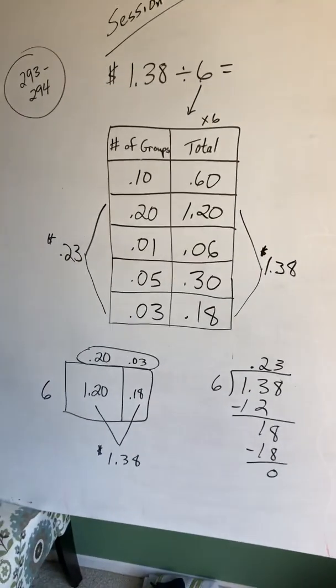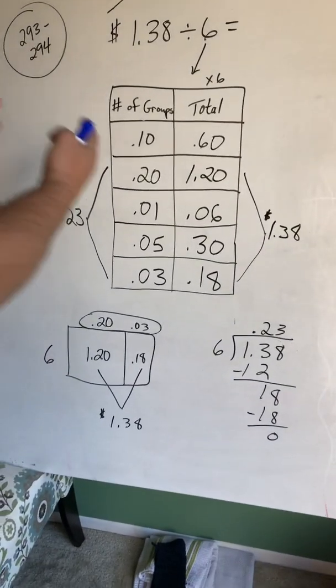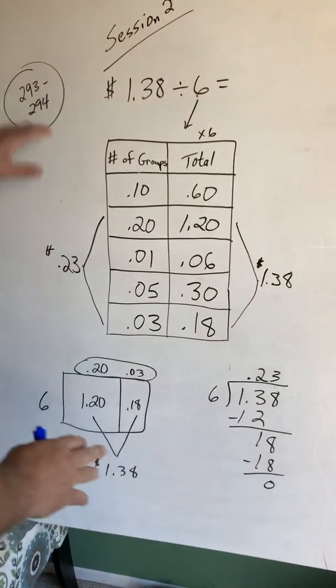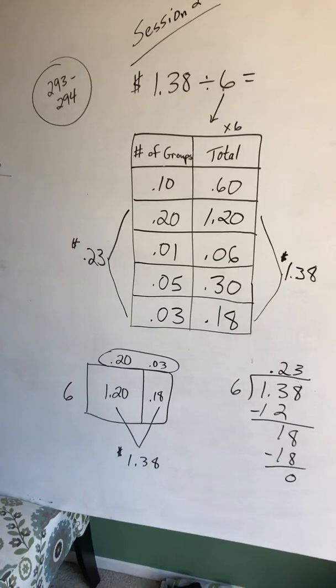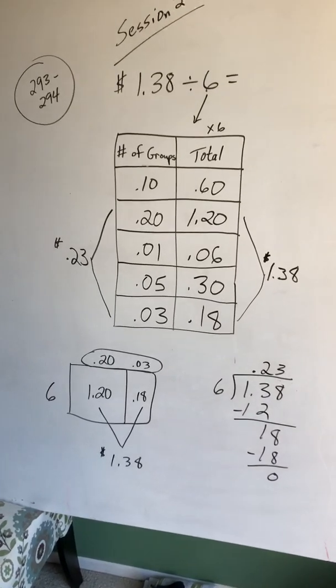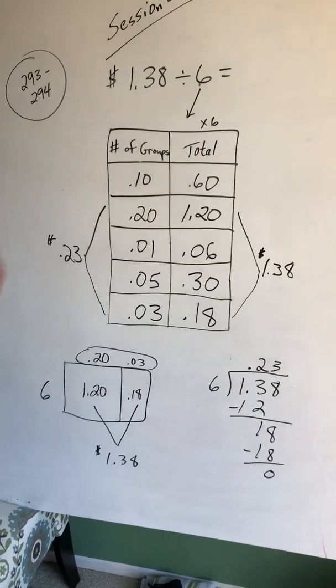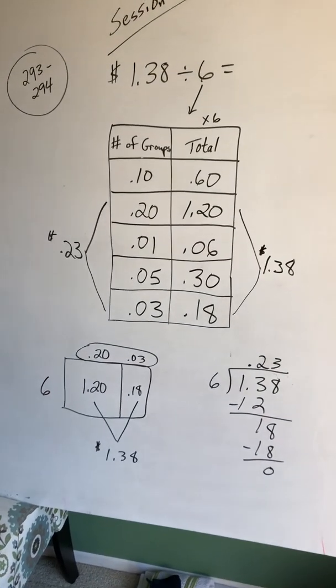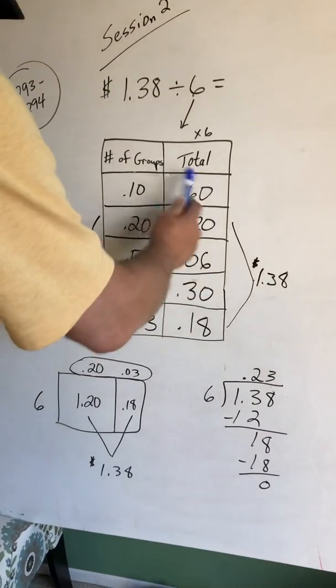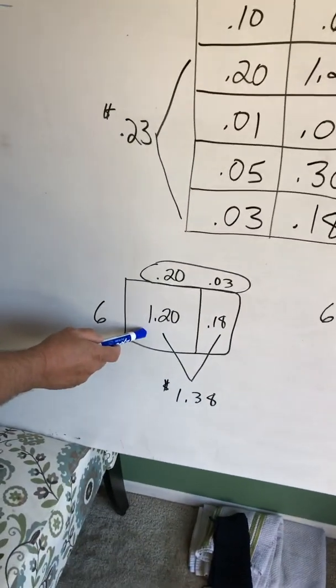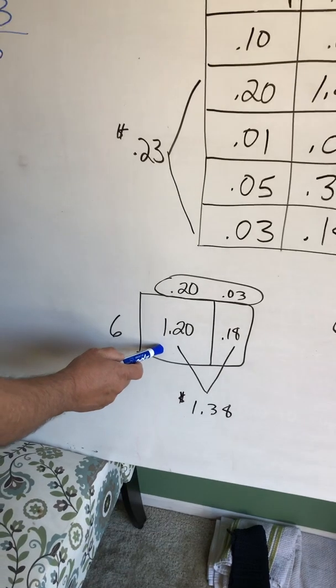Now, on that same page, they give you 2 of these on the whole page of 293 and 294. So there's 2 and 2, a total of 4. So you have a whole page. So what are you doing with the other space? Well, besides doing this, they want you to do this too. The area model, okay?